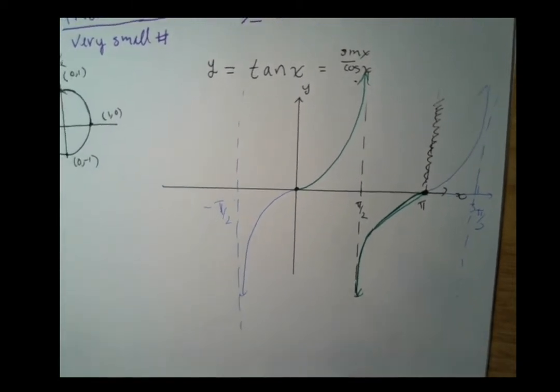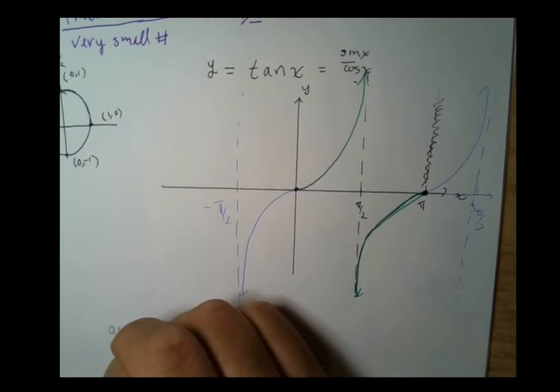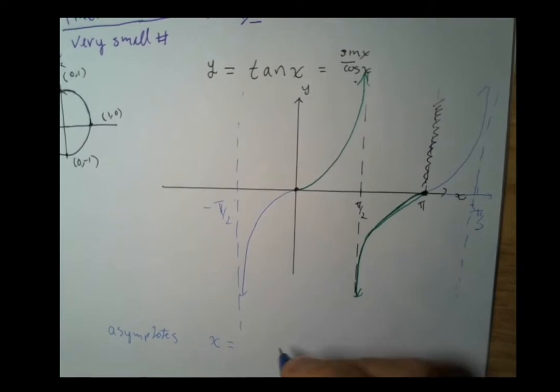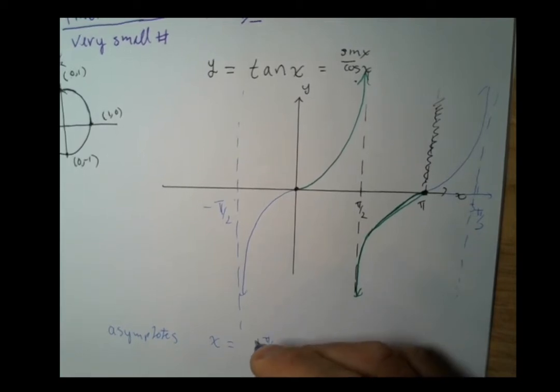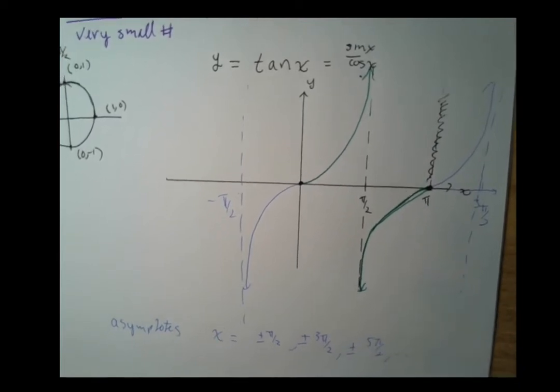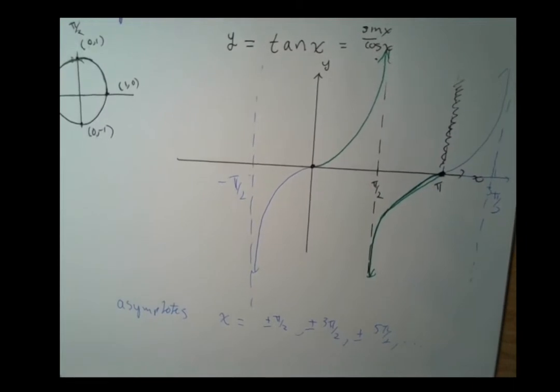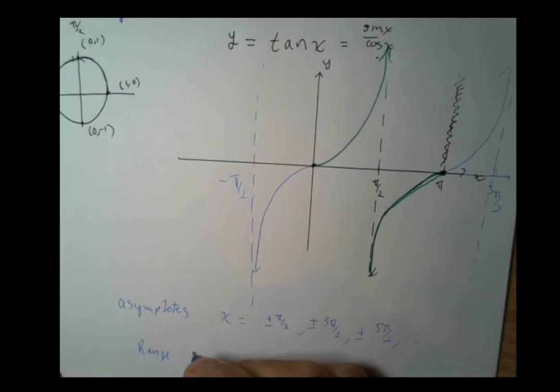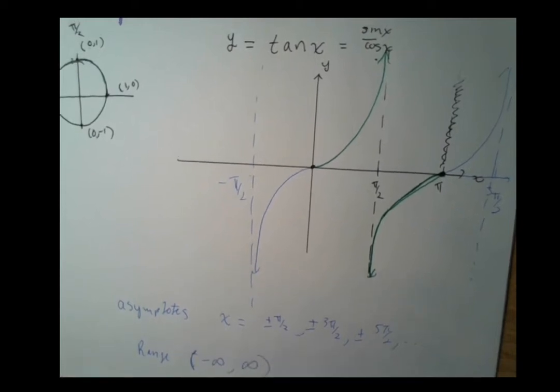Okay, so it looks like here we have asymptotes at x equals pi over 2 and also plus or minus 3 pi over 2, plus or minus 5 pi over 2, etc. Another thing to notice here is the range. The values of the range go from negative infinity to positive infinity.